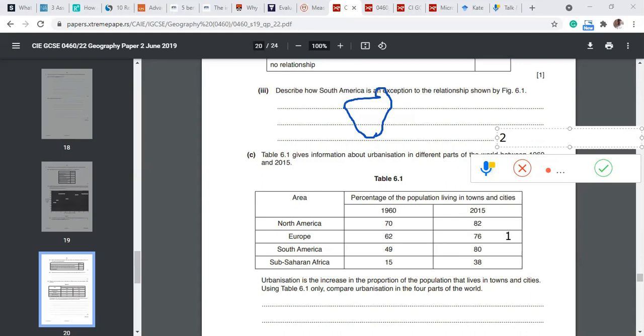This one will be your 3. Then this should be your 4. And this is 5.